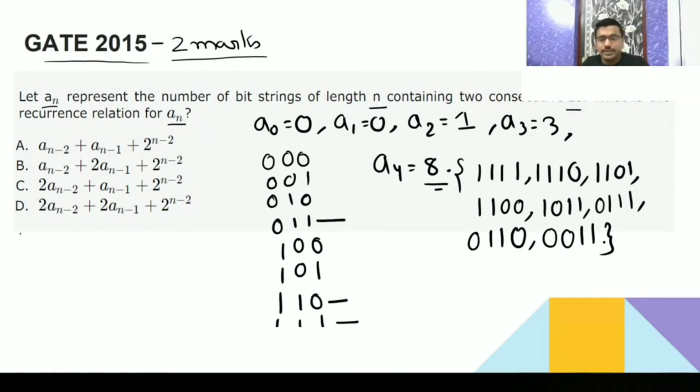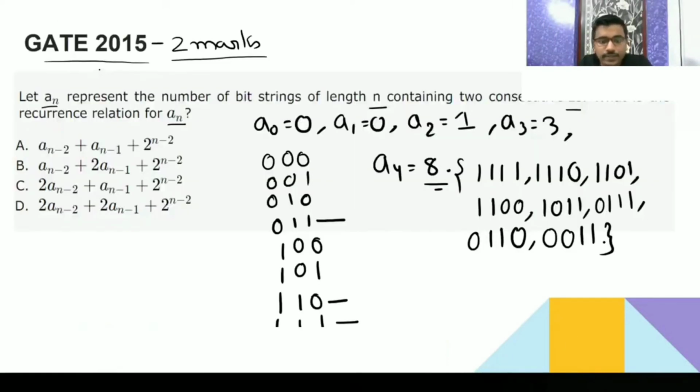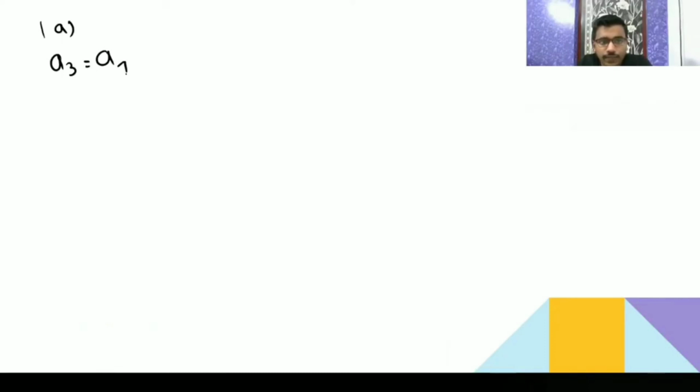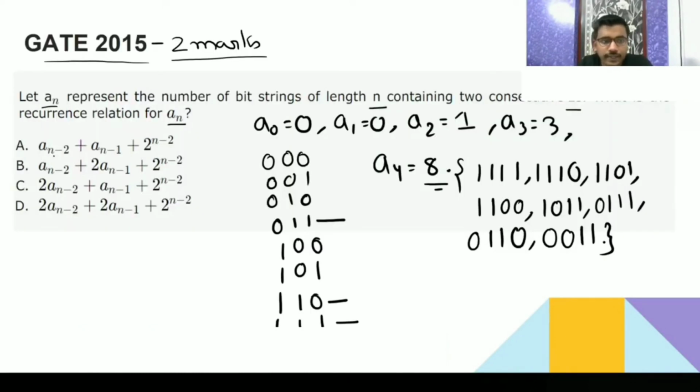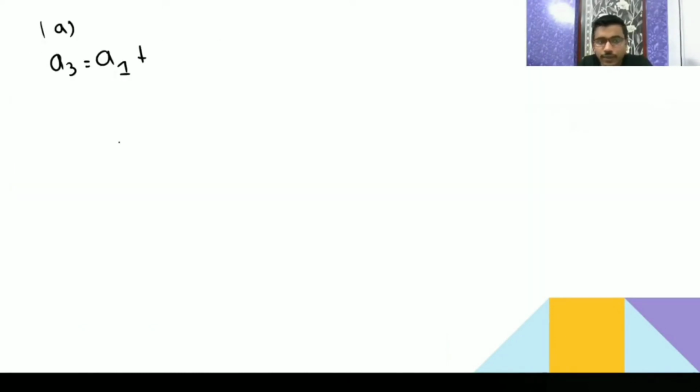So when I use a3, option A is saying an equals a(n-2) plus a(n-1) plus 2 to the power n minus 2.